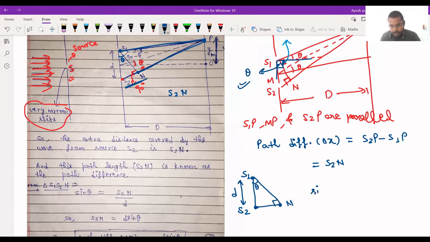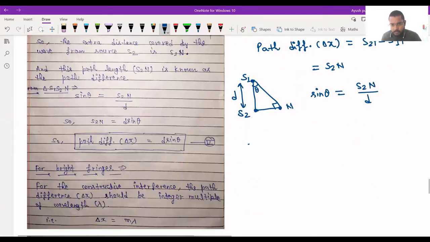What formula? Sin theta will be equal to S2N divided by D, perpendicular divided by hypotenuse. This is the formula of sin. So from this we can directly calculate S2N. S2N will be equal to D sin theta.